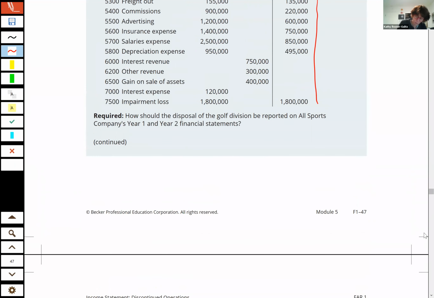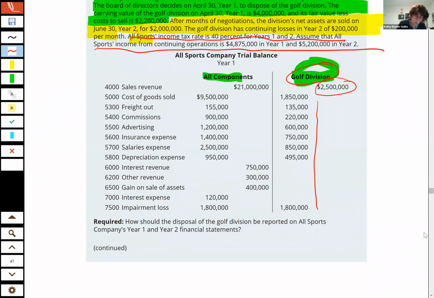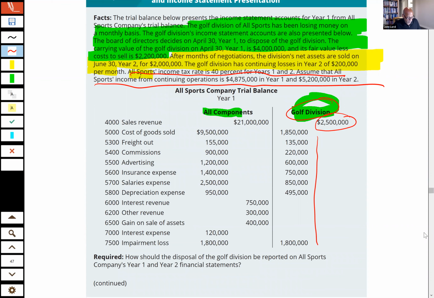It says year one, 495. But they didn't decide to get rid of it until April 30th, year one. So they could have continued to depreciate it up until that time.